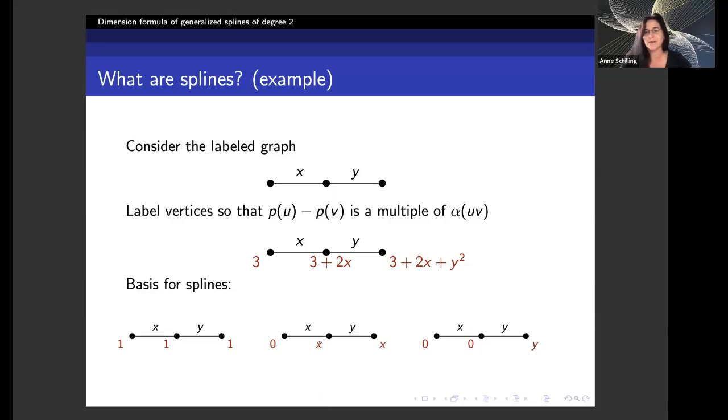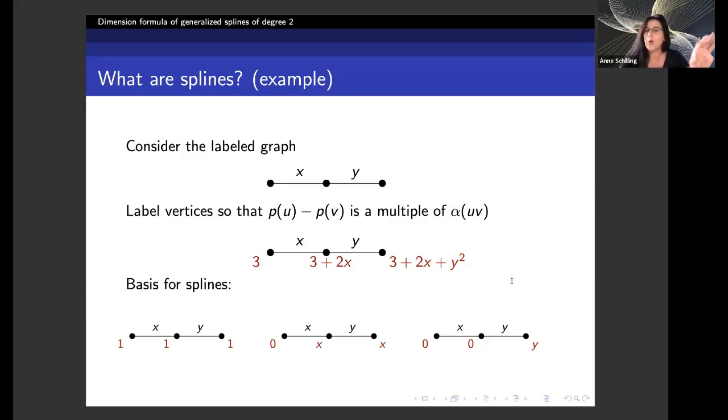So if I just make this x, and this is also x, then the difference of those two is 0. You could pick this as a basis element, and if we do the same for the last one, we pick 0 for the vertices that we've already picked, and then y for the last one. This would actually give us a basis.